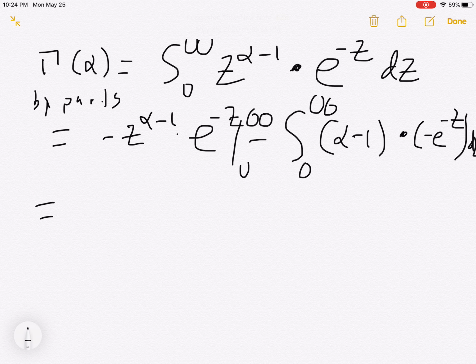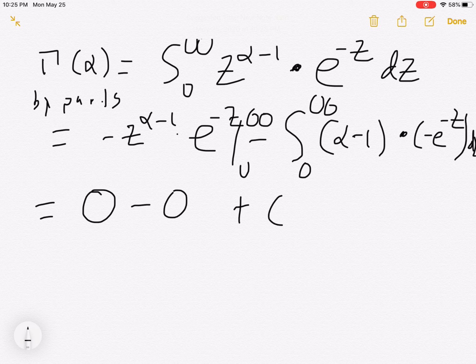Okay. Now to evaluate this part, when we plug in infinity, that's technically L'Hopital's rule, but I'm going to skip the L'Hopital's rule and tell you the result is going to be 0. Minus when z is 0, it's going to be another 0. Okay.